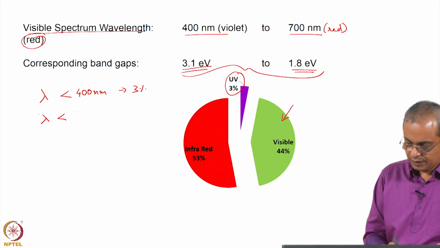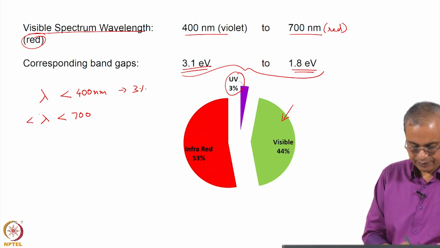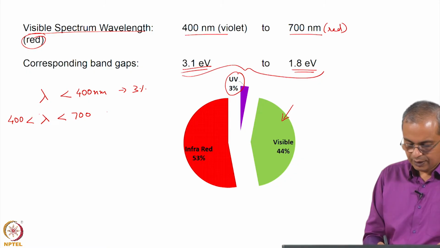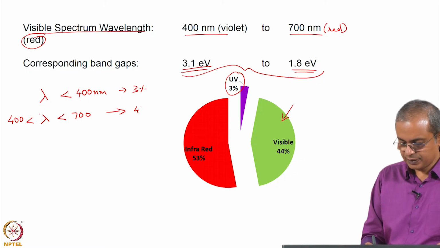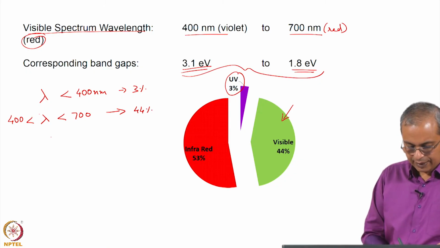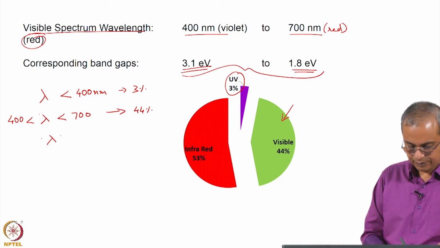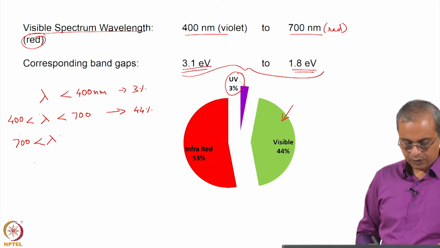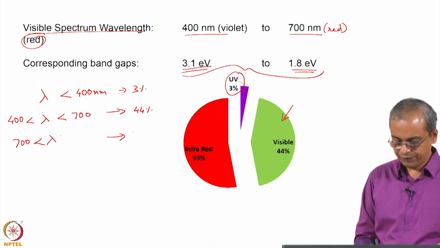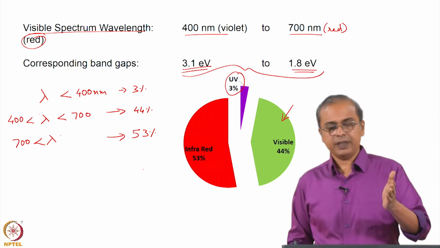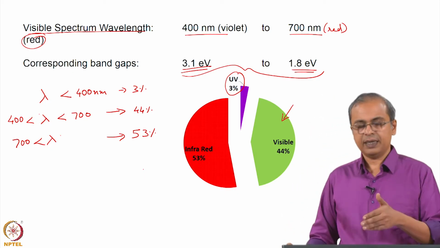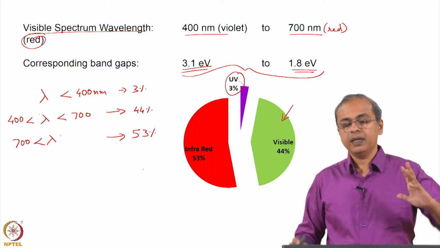Lambda between 400 and 700, that is your 44%, and lambda that is longer than 700 nanometers, that is your 53%. So, 53% of the radiation comes in the infrared, 3% in the ultraviolet, and 44% in the visible spectrum. So, that is your full spectrum.